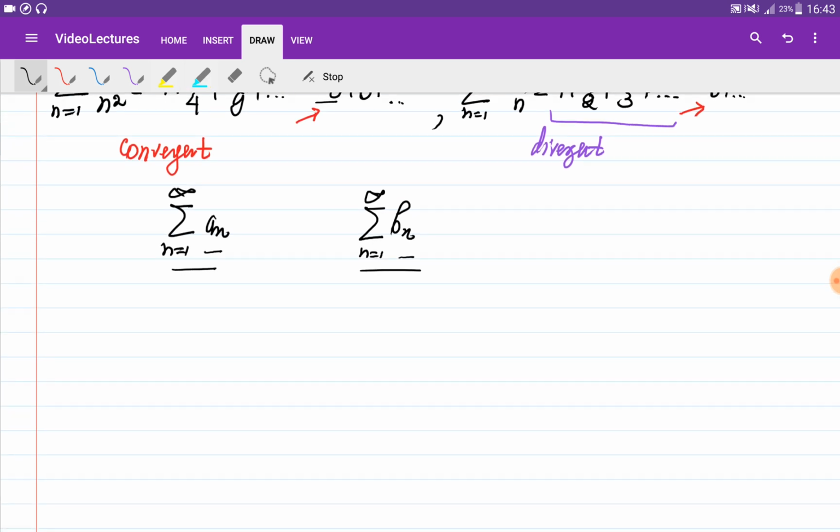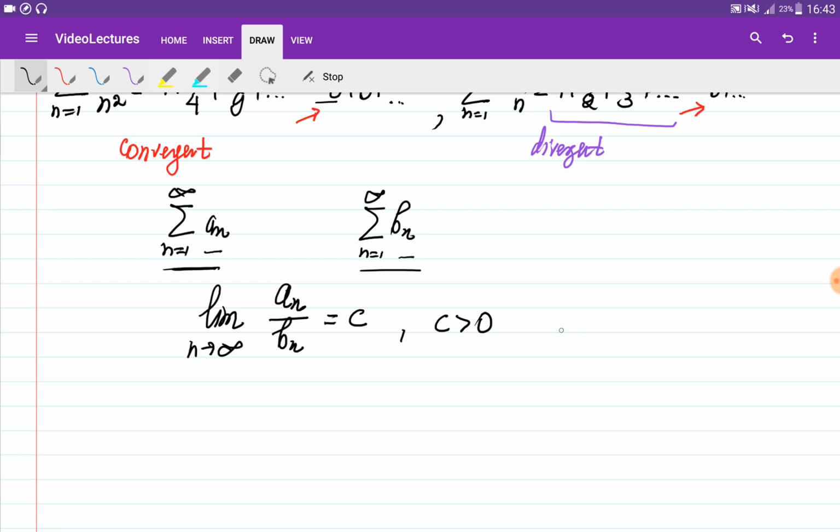So I need to take the ratio of the general terms of the two series: the limit of an divided by bn when n goes to infinity. If this is some constant c, a positive constant, it means that the times when the terms become equal to 0 are more or less the same.